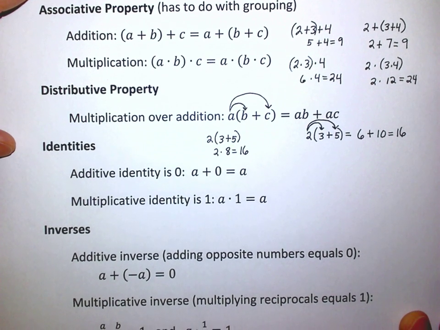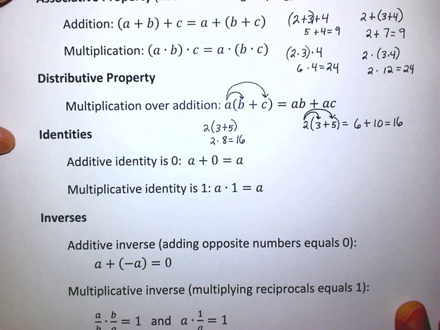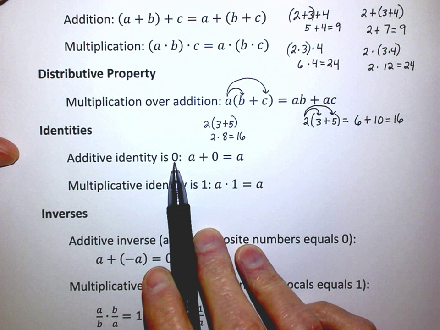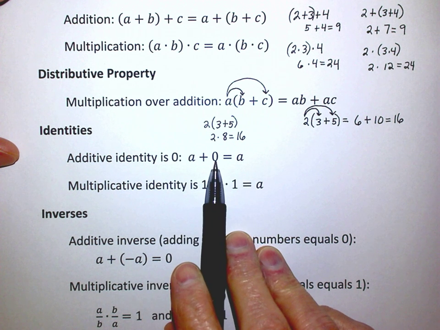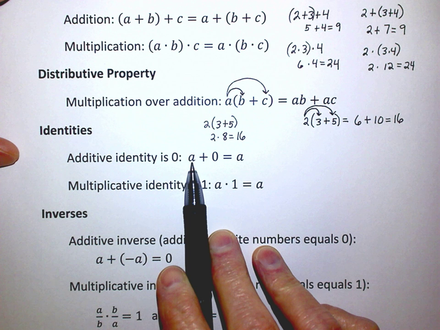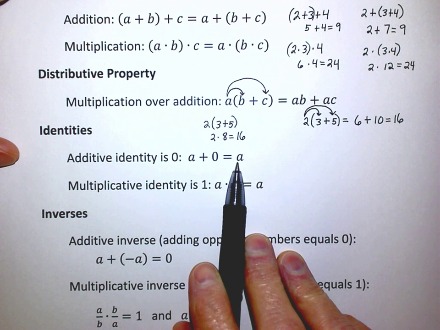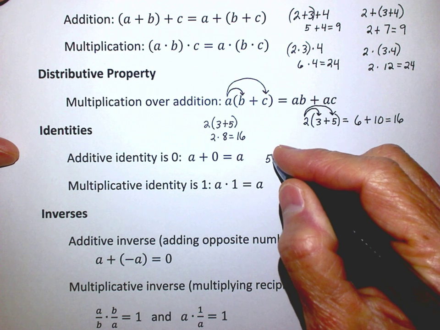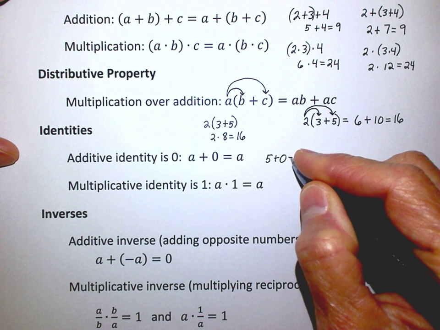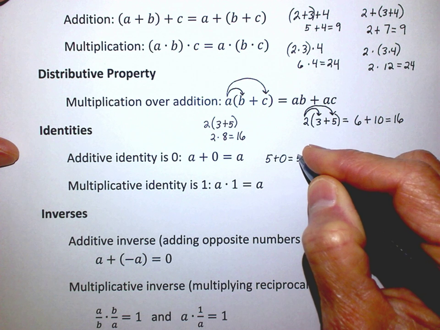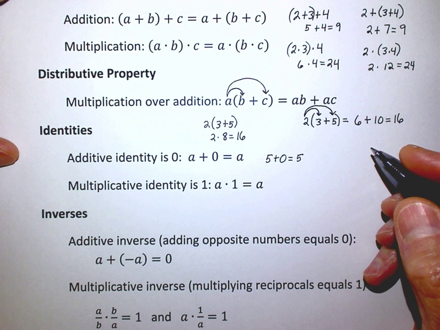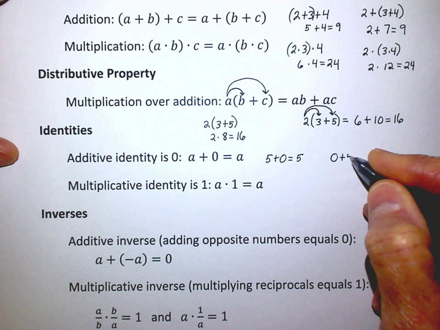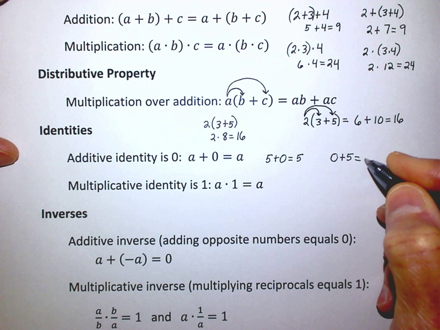And there are the identities. The additive identity is 0, because if I add 0 to any number, I get the same identical number. 5 plus 0 gives me the same identical number. I could do it in the other order, 0 plus 5, and get the same identical number.